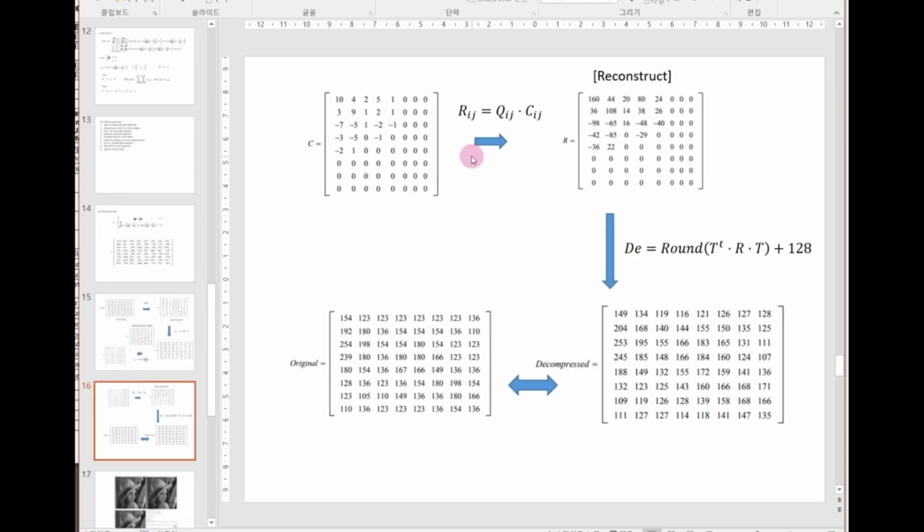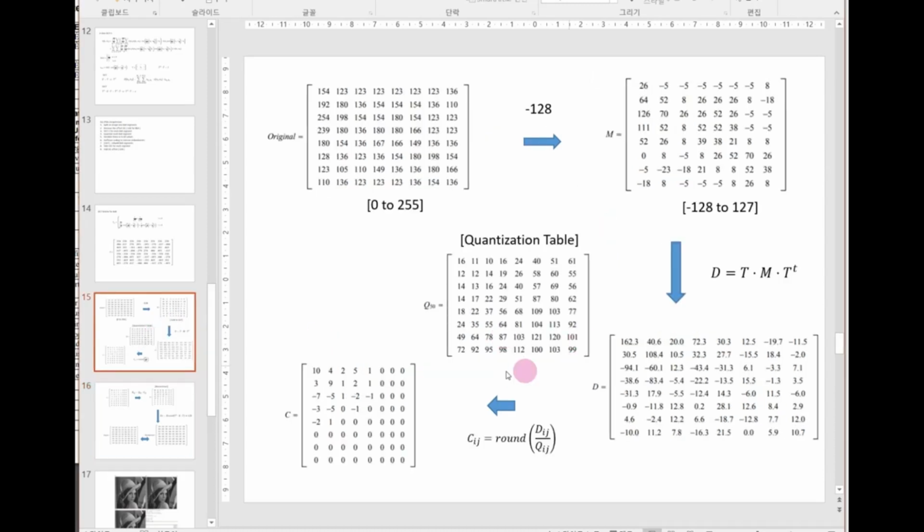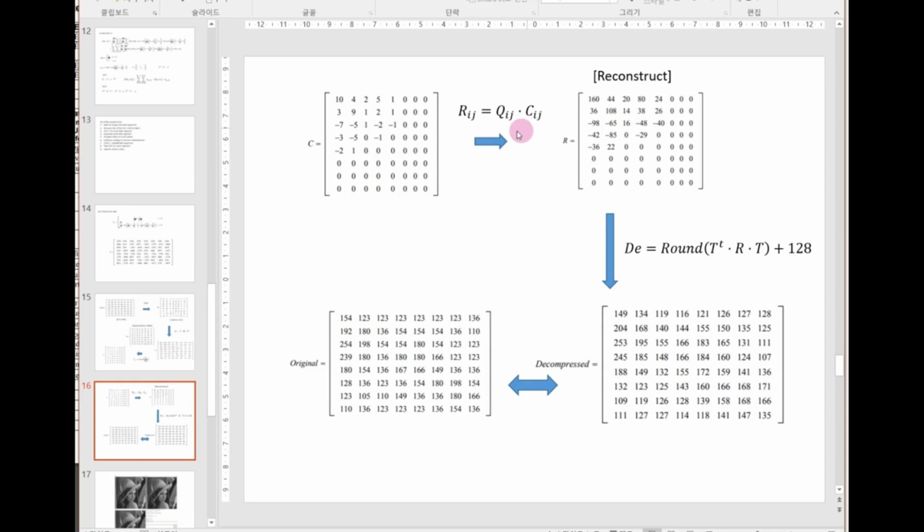To reconstruct the image, firstly we need to compensate for the quantization table. When we quantize, we use this table. We divide by it like this and round off, and then it becomes this. So to recover, we need to multiply by the quantization table again.